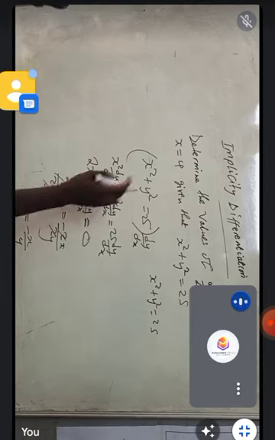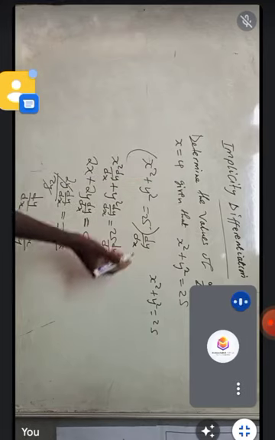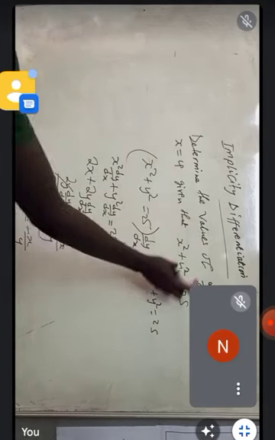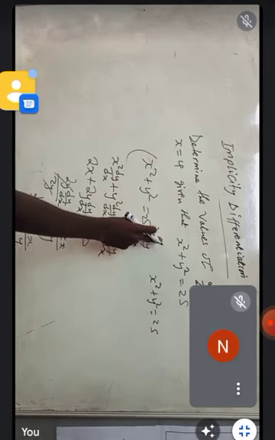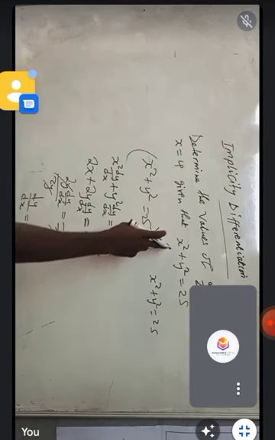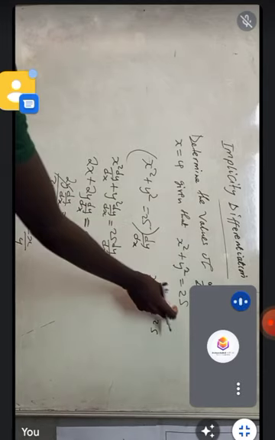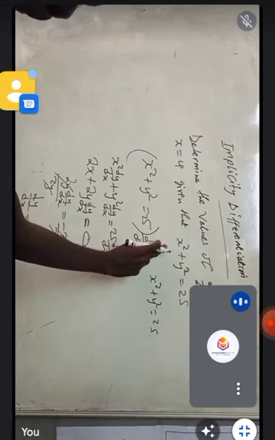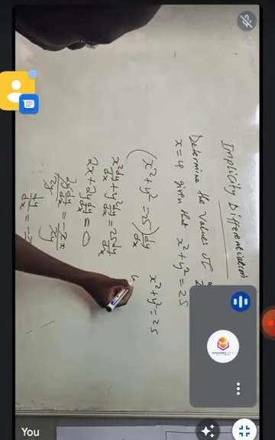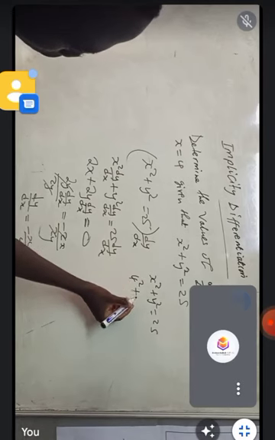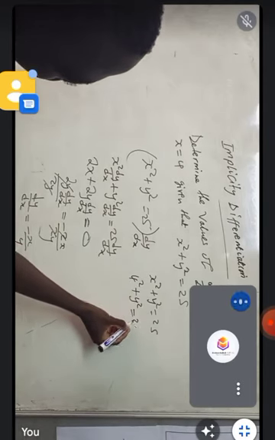So where there is x, we put 4 in the original equation. Yes, you are right. So where there's x, we'll put 4 on the original equation here. The original equation is this one. So where there's x, I'll put 4. Then you have this 25.